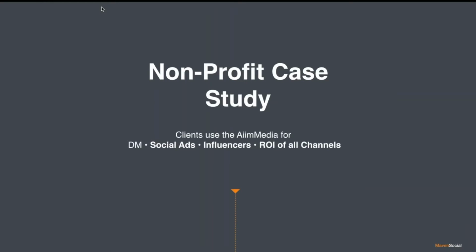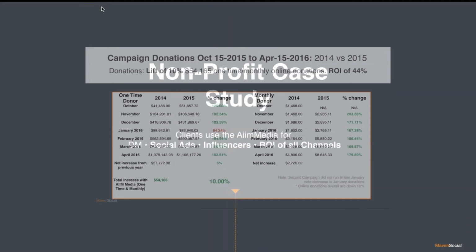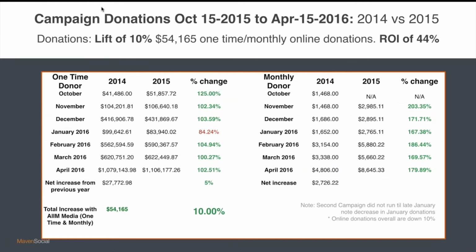Here's a little case study that we did with Alzheimer's and understanding the impact of all the channels that were involved, including direct mail. So drilling into this a little bit, you'll see on the left-hand side the one-time donor, on the right-hand side the monthly donor for a period of time, and you also notice that they've had a decrease in overall donations.